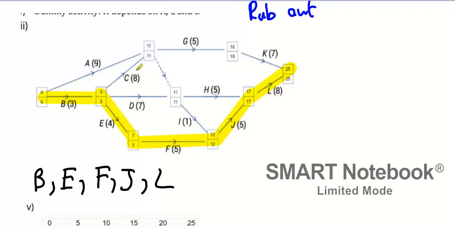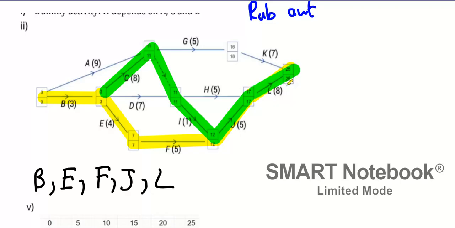B, C, via dummy line, H. Oh, no, H doesn't work because H would cause it to be 16, not 17. So I have to go back down here again. I, J, L. So what's that one then? B, C, I, J, L. Okay.